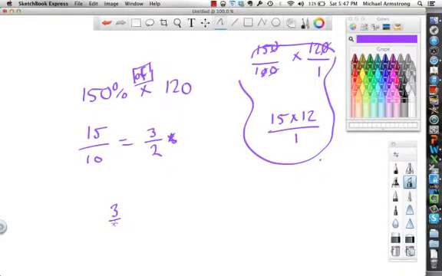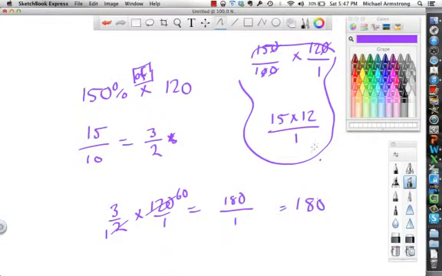So 3 halves times 120. Okay, and then we can multiply and simplify so that 120 halves becomes 60 wholes, and then we just do 3 times 60 is 180 over 1 times 1 is 1, so 180.